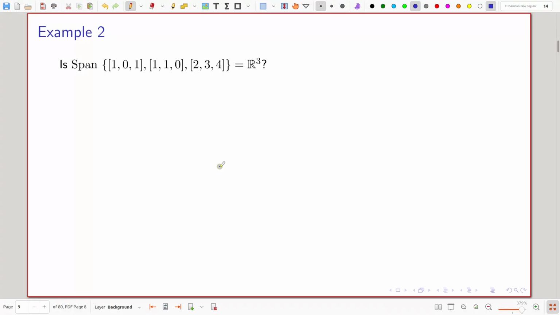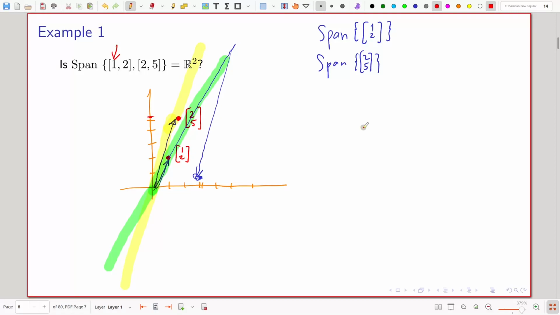Now, let's look at the three-dimensional case. We have the vectors 1, 1, 0, and 1, 1, 0, and 2, 3, 4. Okay. So what does the span look like? To think about this, first of all, let me try to recap this a little bit.